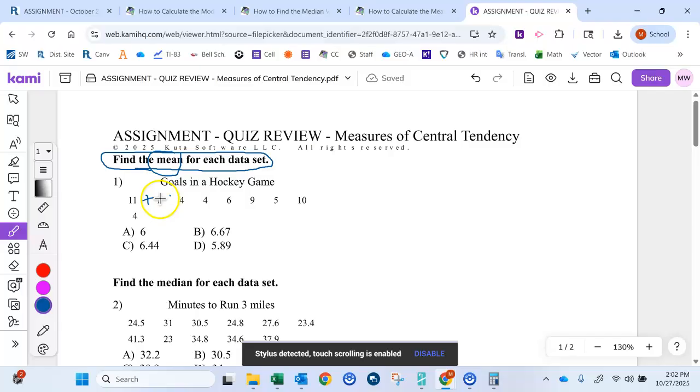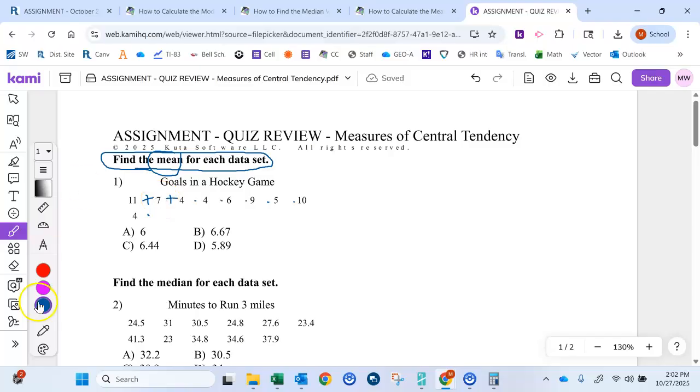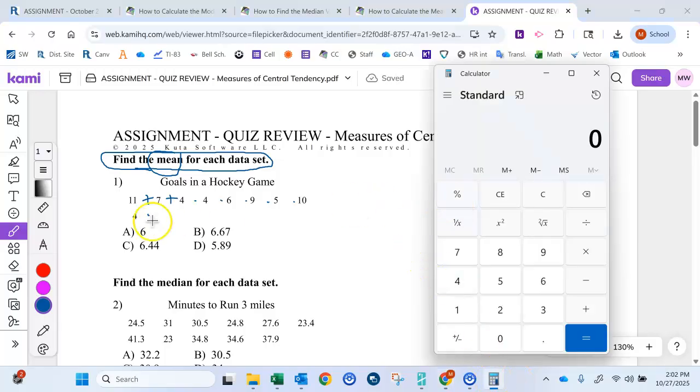So take your calculator and we're going to add those all up. Okay, 11 plus 7, plus 4 plus 4 plus 6 plus 9 plus 5 plus 10 plus 4 equals.